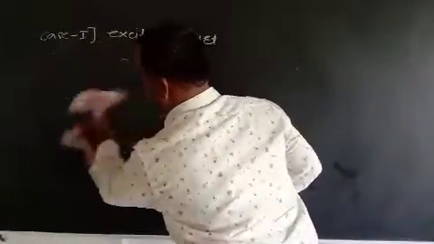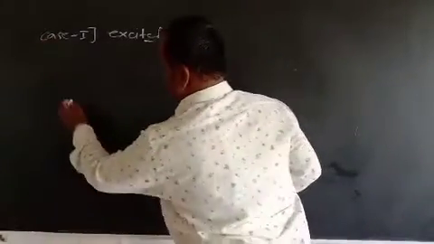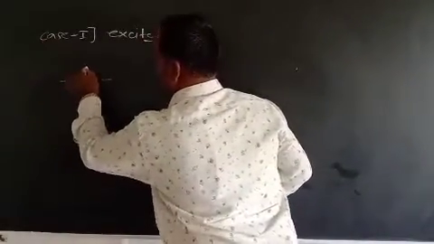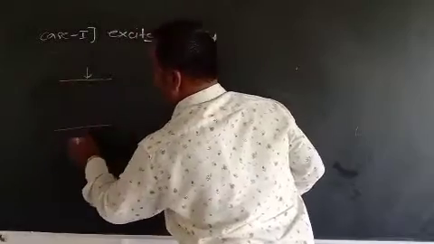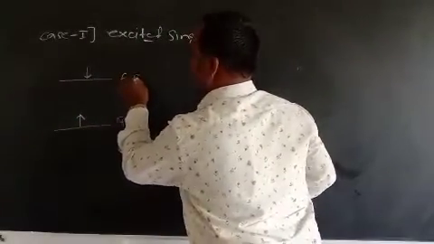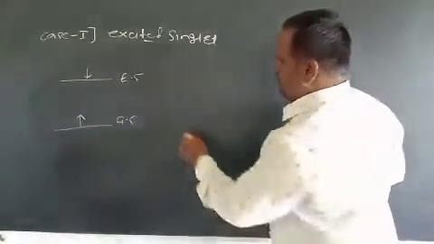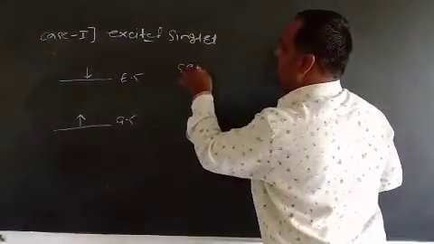Let us see once again. So this is the case: one electron goes into the excited state after absorption of light radiation. So what is spin multiplicity?